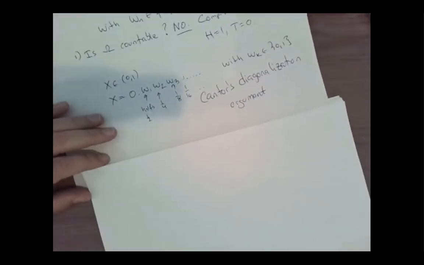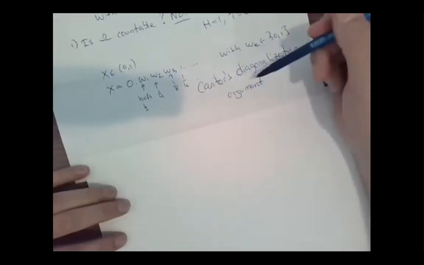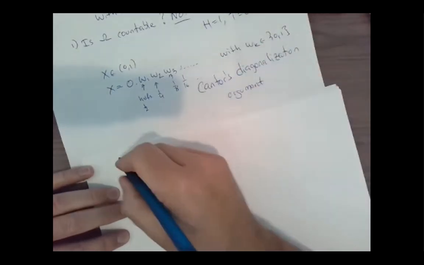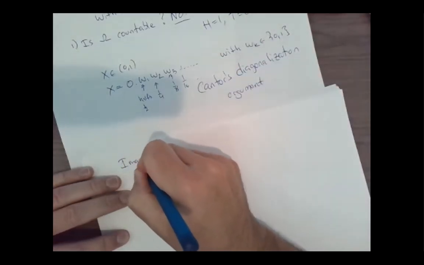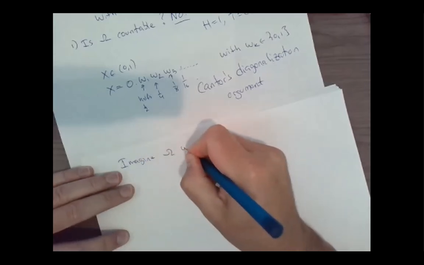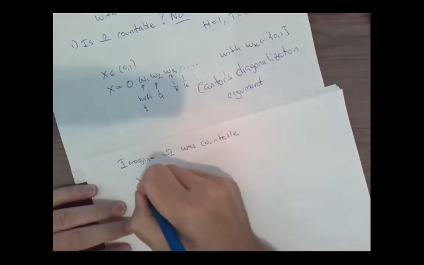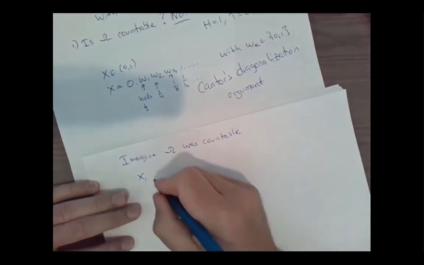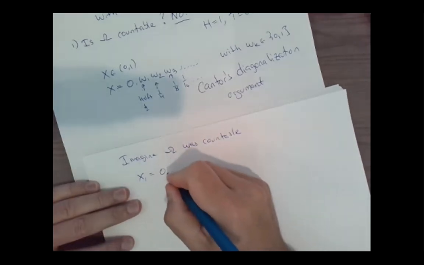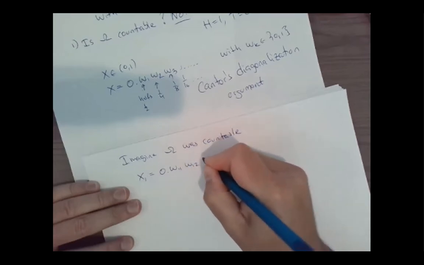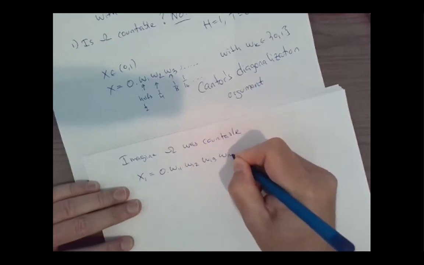He argues, imagine that this really was countable. Imagine omega was countable. Then you're going to write x1 as 0 dot omega 1,1, omega 1,2, omega 1,3, omega 1,4, and so on.